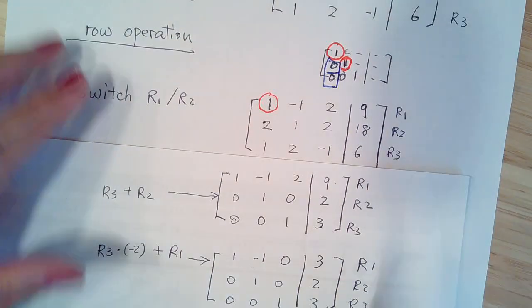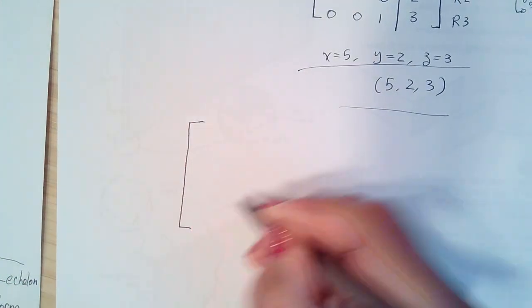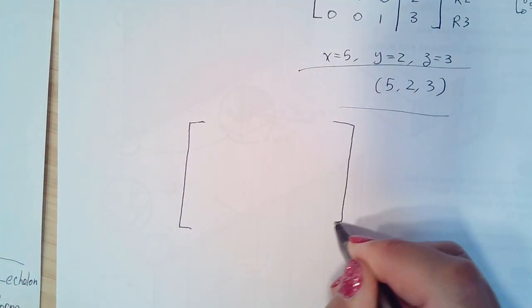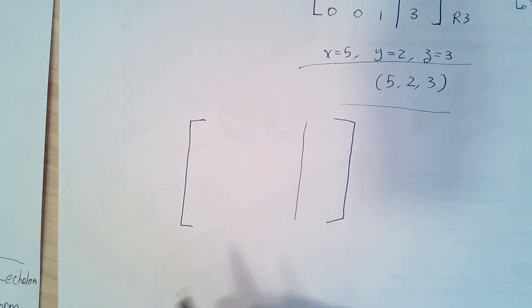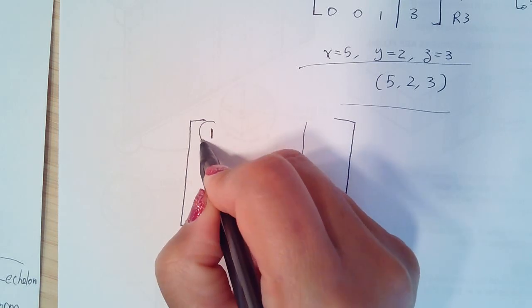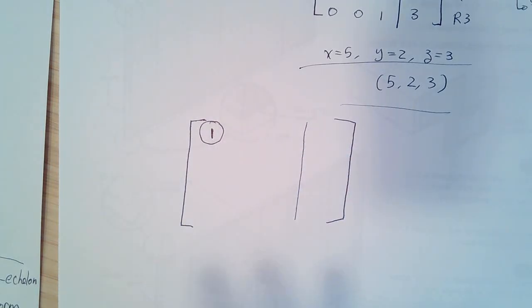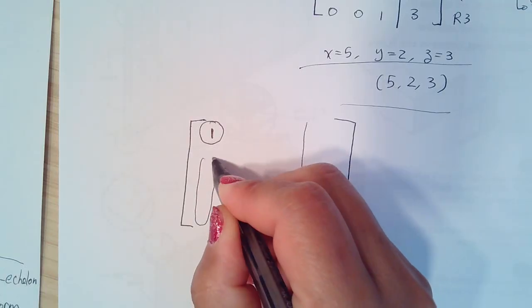The idea is this. For the augmented matrix, if it's a 3 by 3 here, I tell you what is your first step. This is your first step: you want to make that to be 1. And this is your second step.